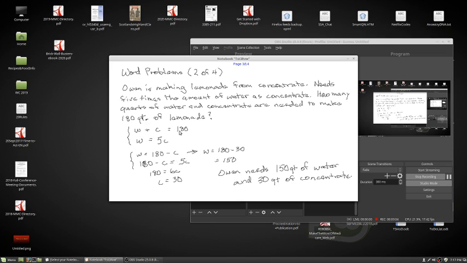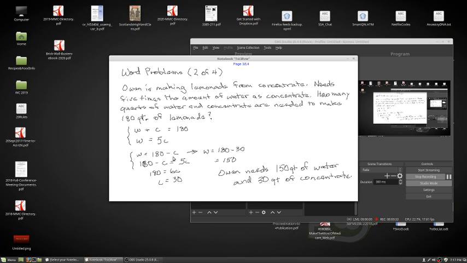I solved the top one for W and got W is equal to 180 minus C. Then I plugged that in for W in the second equation, and we get 180 minus C is equal to 5 times C. Add C to both sides, and we get 180 is equal to 6C. Divide through by 6, and we get that C is equal to 30.